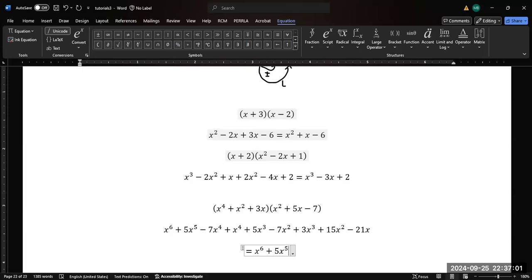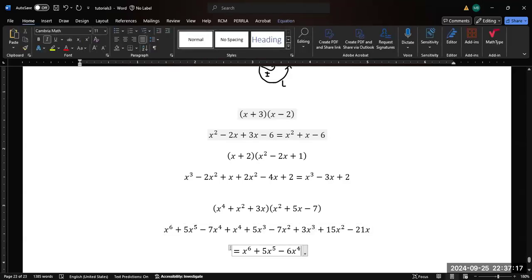I have an x to the fourth and an x to the fourth right here, so that'll become negative 6x to the fourth. I have a cube and a cube, so that'll become positive 8x cubed. I have a negative 7x squared and a 15x squared, so that'll become 8x squared. And then I have a negative 21x.